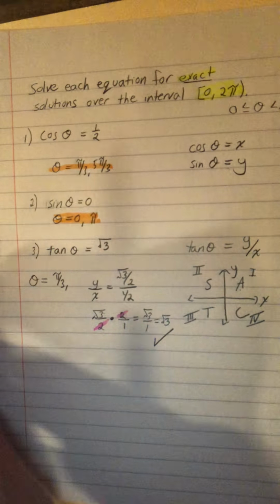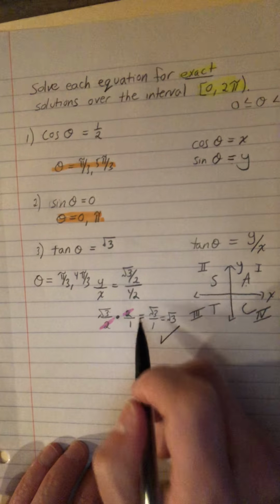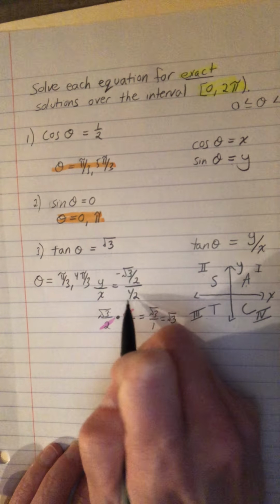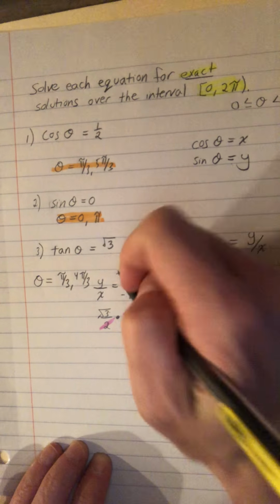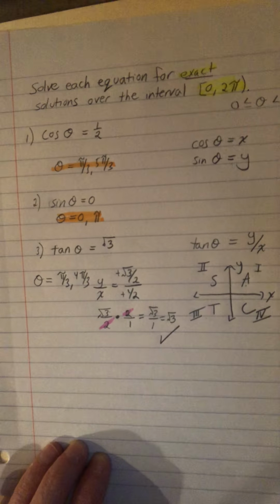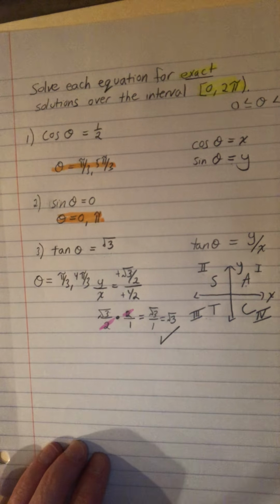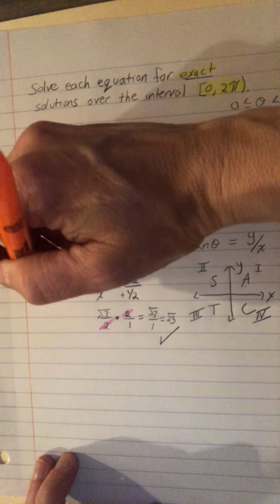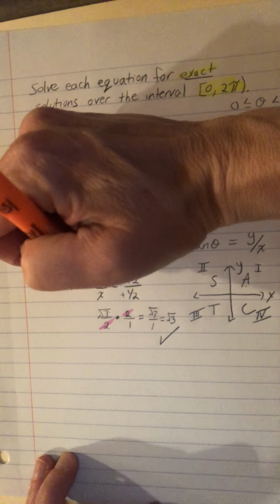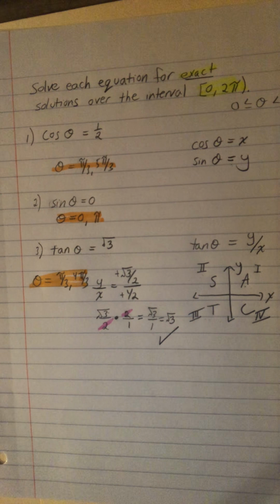And if you want me to show you, because that's 4 pi over 3, you would just say, if this was a negative and that was a negative, I put a negative root 3 over 2 over negative 1/2, they would cancel both to be a positive. So I would get the same answer when I simplified to be root 3. So in this case, the two answers on that interval between 0 and 2 pi would be pi over 3 and 4 pi over 3.